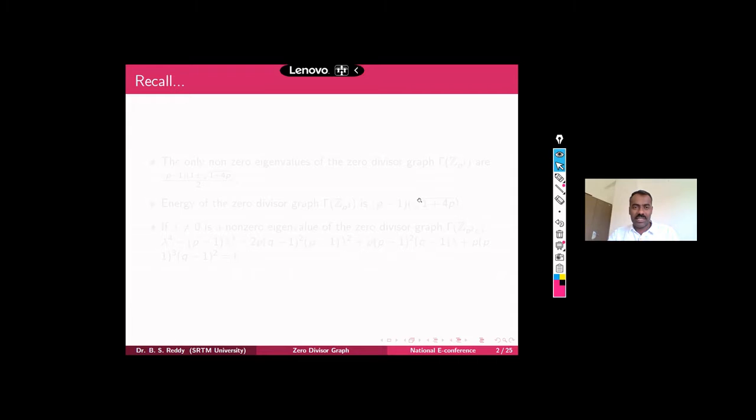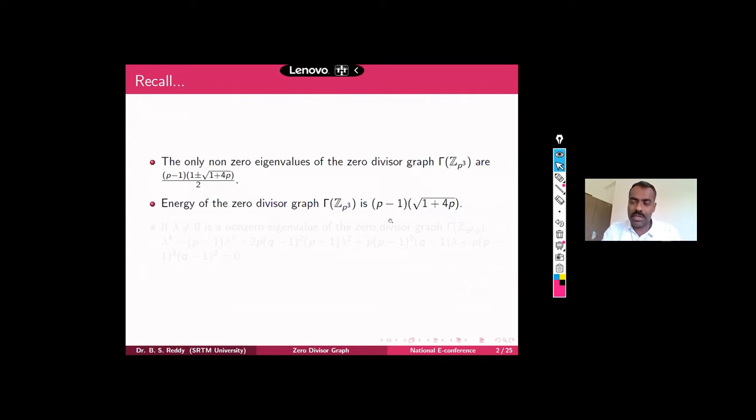So we just quickly recall yesterday. What we did is, for the zero divisor graph Gamma of Z_pq, we calculated the non-zero eigenvalues, and if you know the eigenvalues, then one can easily calculate the energy.